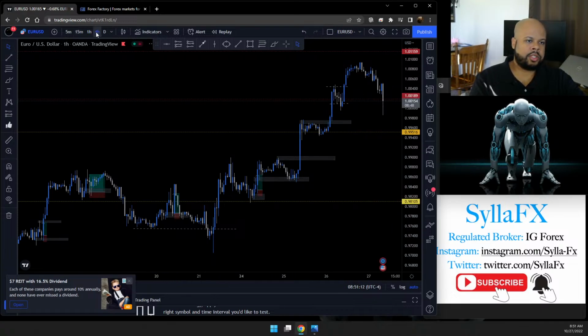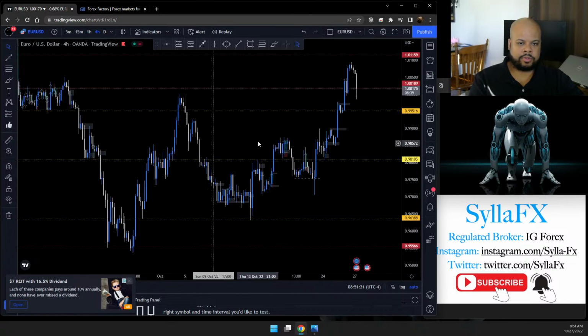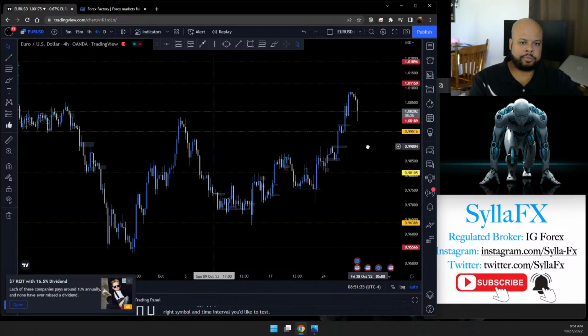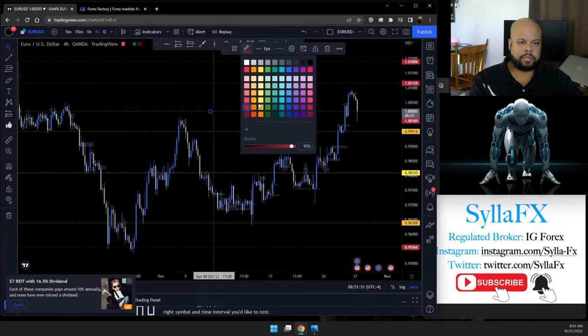On the 4-hour chart, the first thing we're going to do is look at our major levels, the support and resistance, so we are aware of those and can determine where we're going to be looking for a position depending on what's going on at those levels. I'll go ahead and make this yellow so you guys can see that.